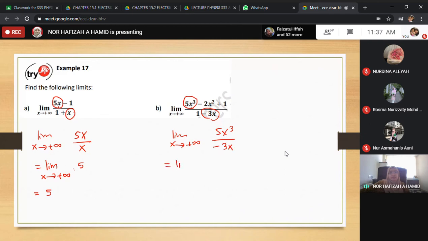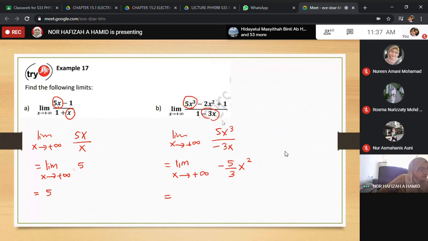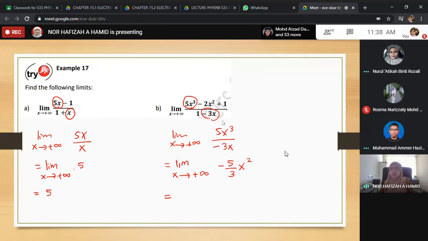So equal to limit x approach to positive infinity, so you have negative 5 over 3 x squared. So berapa answers dia? Negative infinity. So reason dia sebab apa? You dapat negative infinity.